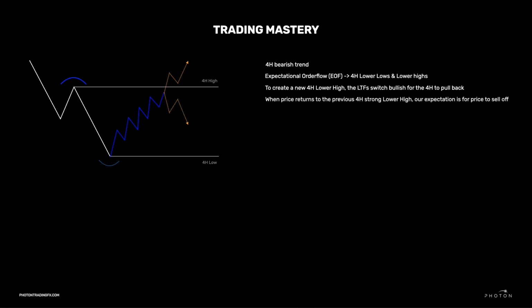Now, when price eventually pulls back and it returns to our previous 4 hour lower high, because the overall 4 hour trend is bearish and there should be a strong lower high, our expectation is for price to sell off from this area, right? However, it does not have to. Remember, anything can happen in the markets.